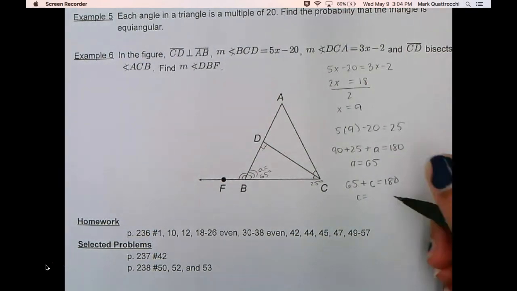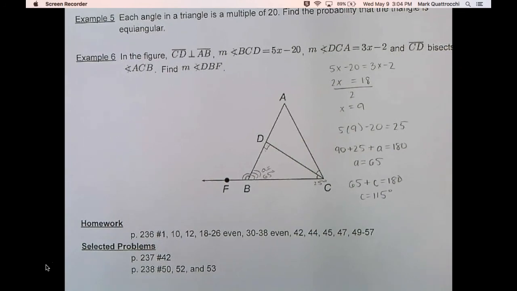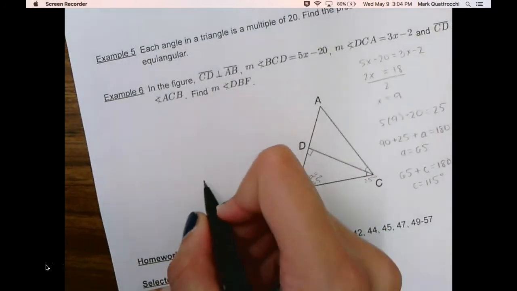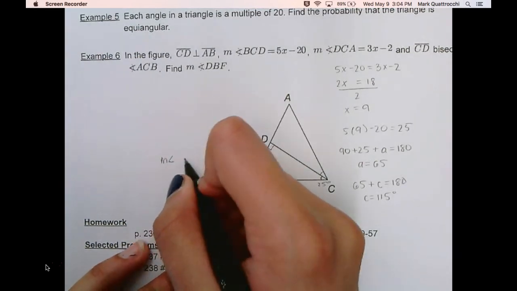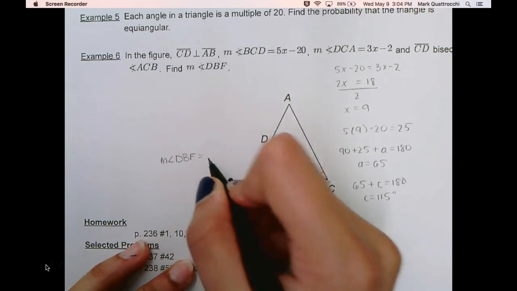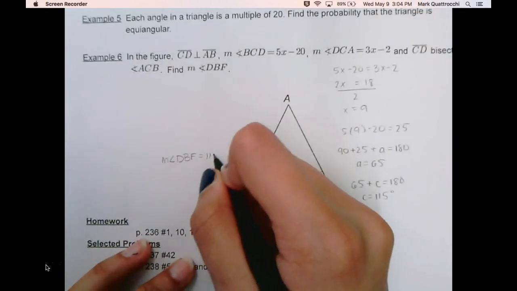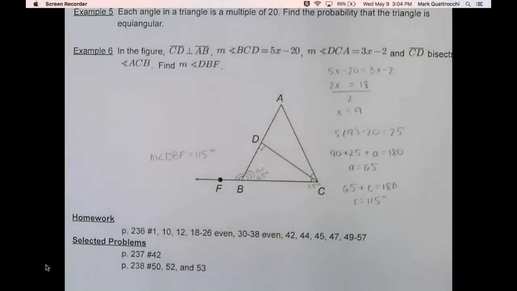And C ends up being 115. So that means the measure of angle DBF is equal to 115 degrees. That's it. Thank you.